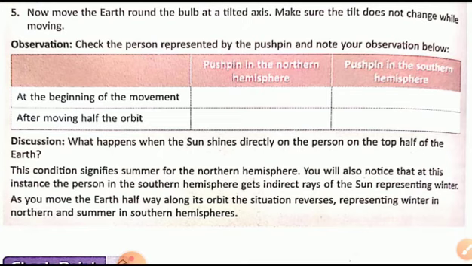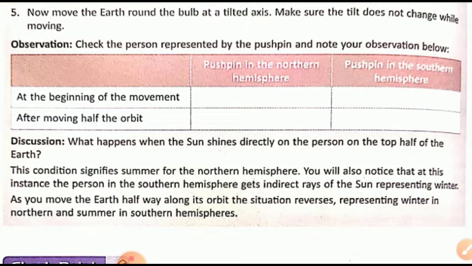That's why in June, July and August the northern hemisphere will have the summer season, whereas the southern hemisphere will have the winter season. And in December, January, February, the northern hemisphere will have the winter season and the southern hemisphere will have the summer season. So as you move the earth half away along its orbit, the situation reverses, representing winter in the northern and summer in the southern hemisphere.